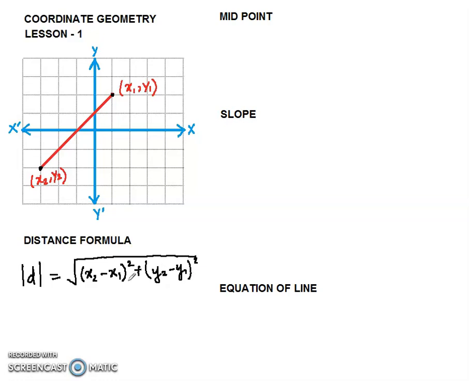So if you place the actual numeric values of x1 y1 and x2 y2 in this formula, you can find the distance between these two coordinates x1 y1 and x2 y2.